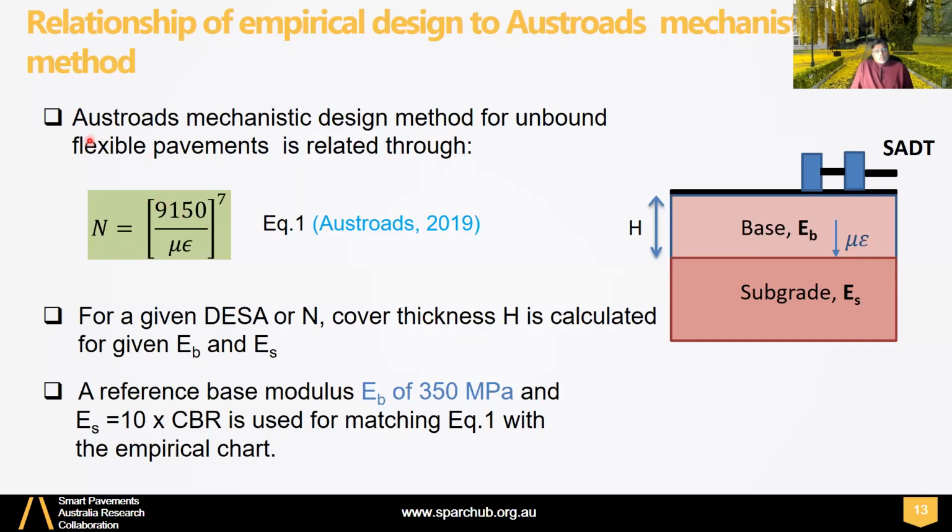The chart and this result will give the same result provided you use a base modulus EB of 350 megapascals. That's the standard base value you need to use to match with the chart. That's how this equation for rutting has been developed for the mechanistic design method.